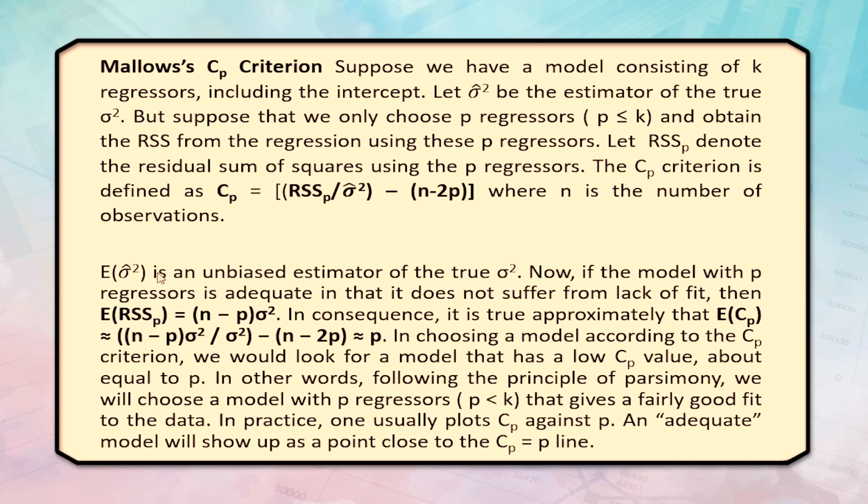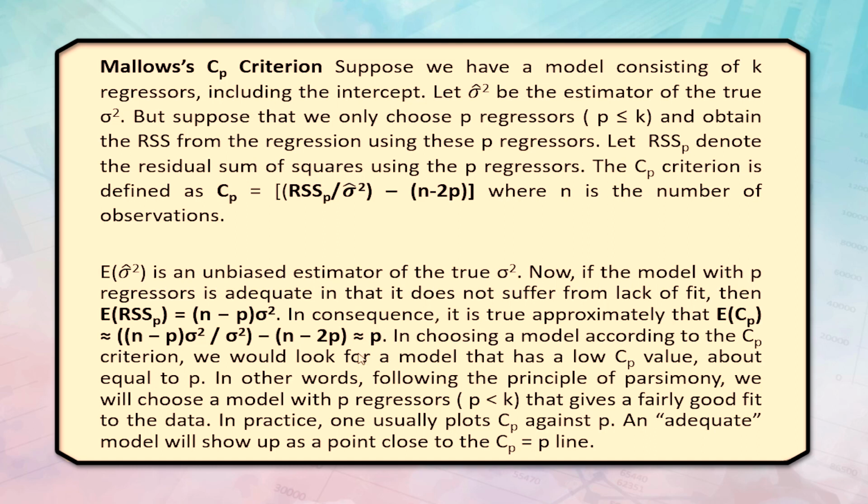So, this is approximately equal to n minus p times sigma square divided by sigma square, which is n minus p, minus n minus twice p, which is approximately equal to p.